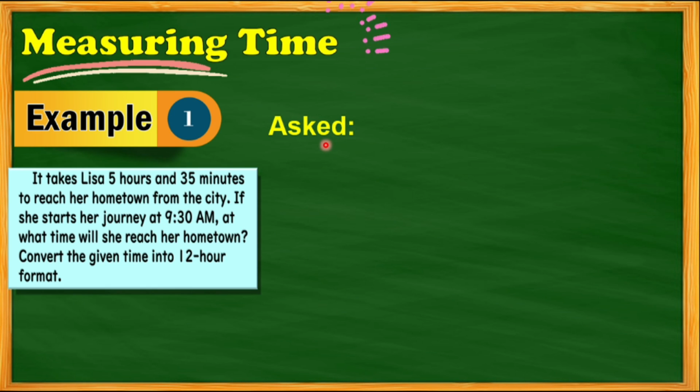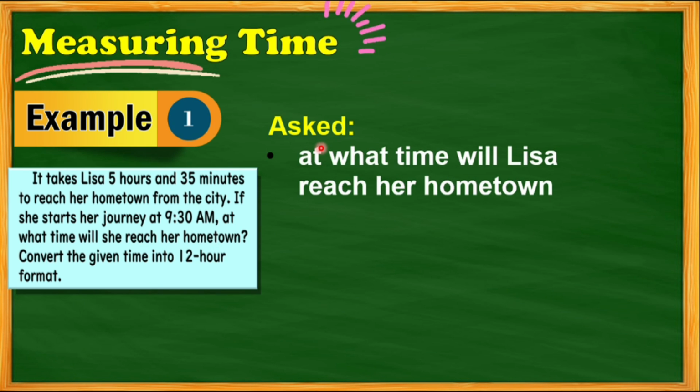So let's define what is asked in the problem. At what time will Lisa reach her hometown? This would be what is asked in the problem. And what are the given?